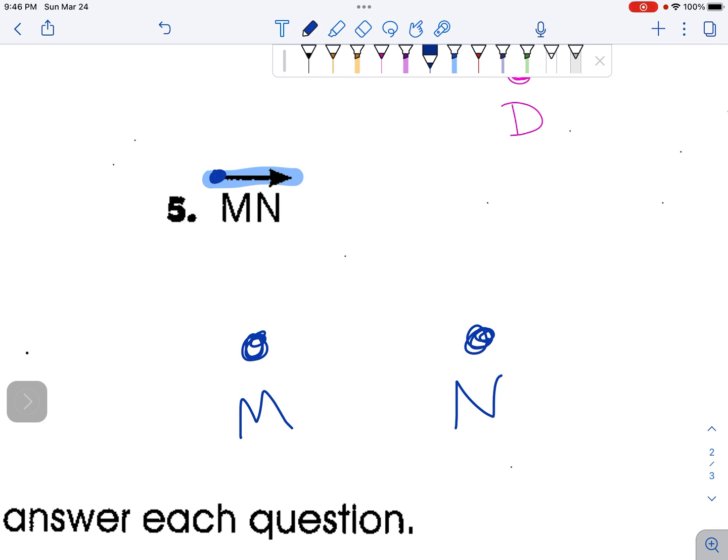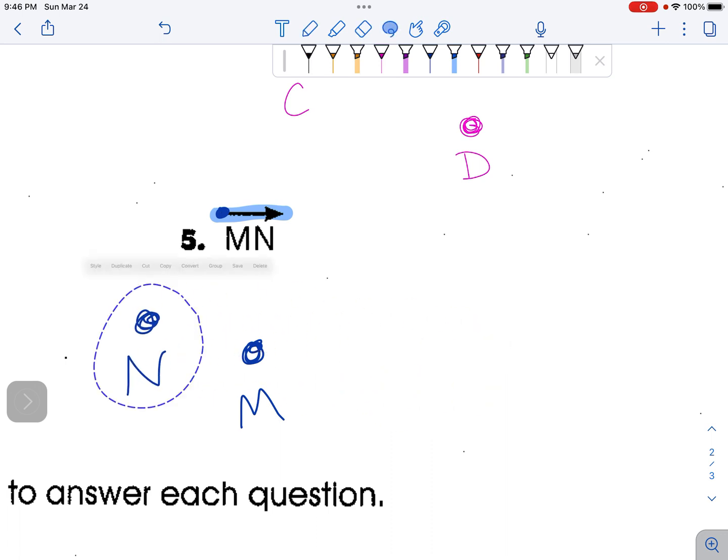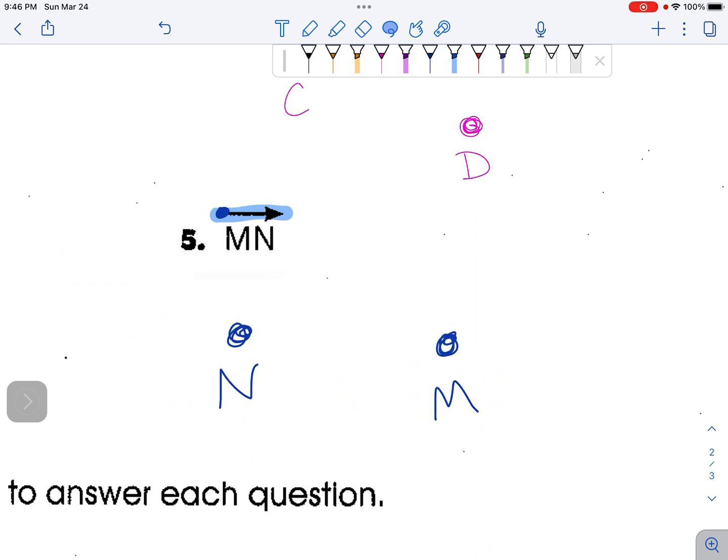So then you need a line, kind of like a line, except it only extends in one direction, a ray that starts at M. Now, interestingly enough, you could switch these around like this. But if the arrow only goes through point N, you can see that there's a dot right there at M. This is still ray MN.